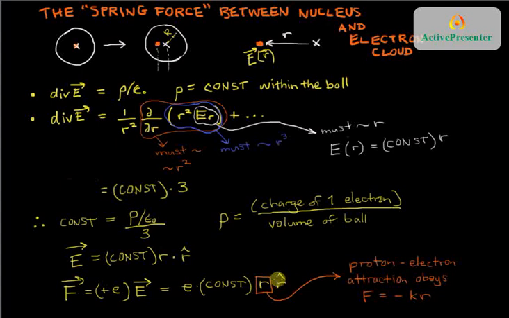And this shows us that the force of attraction between the proton and the electron, because this is an expression for the force, obeys a law of force equals negative k times r. The negative just comes out of keeping track of the negative charge of the electron and the positive charge of the proton. So we get an overall minus sign. The constant and that e give us the value of k.